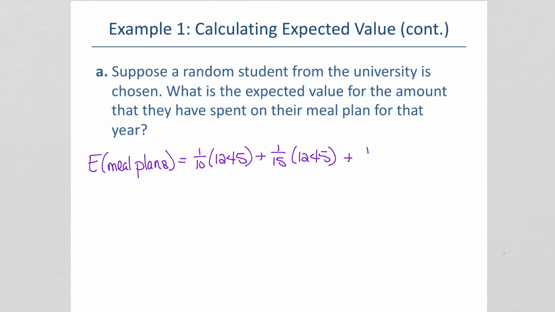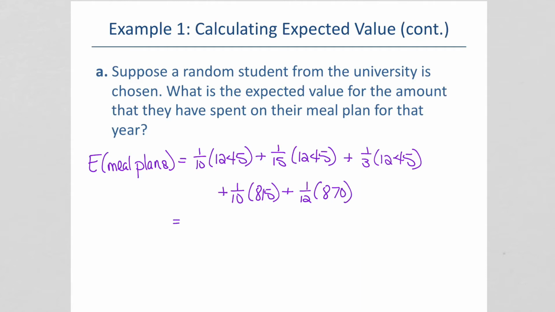And then for the third, that was 1 in 30 with a price of $12.45. For the fourth, 1 in 10 get this plan for a price of $815, and 1 in 12 get the last plan for a price of $870.